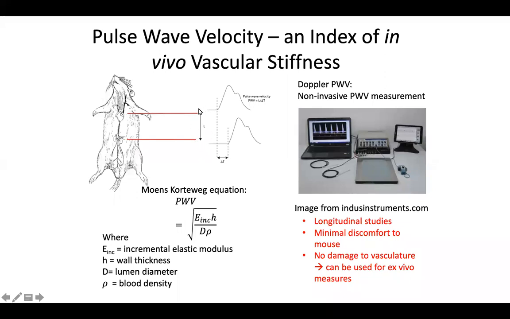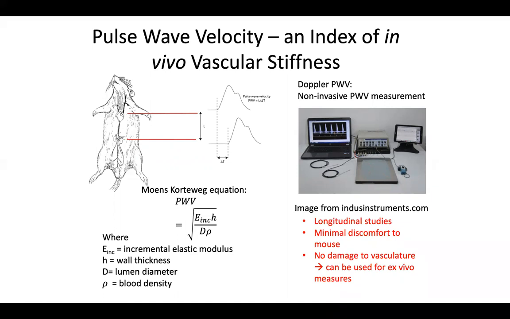We know the distance because we measure it, and we can then find the transit time for the pulse by comparing the two waveforms. And this distance over the time gives us the velocity of this wave in traveling from position 1 to position 2. And this pulse wave velocity then correlates to the incremental elastic modulus, or the stiffness of the vessel, through this equation called the Moens-Korteweg equation, where pulse wave velocity equals the square root of the incremental elastic modulus.